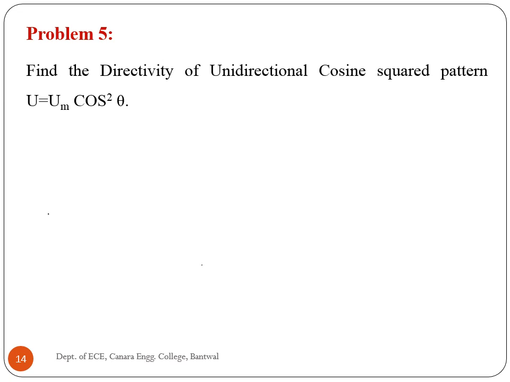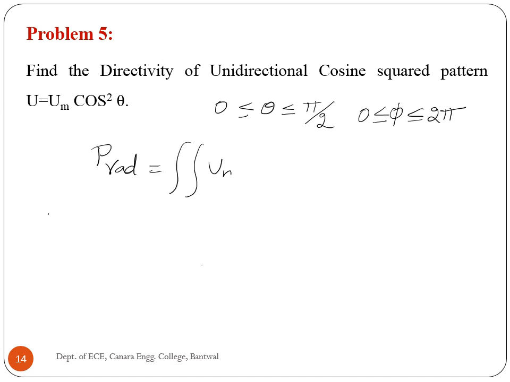Find the directivity of the unidirectional cosine squared pattern, which is Um cos square theta. So theta is between 0 and pi by 2, phi is between 0 and 2 pi. To find out the directivity, we have to find out the radiated power, integral of U d omega.